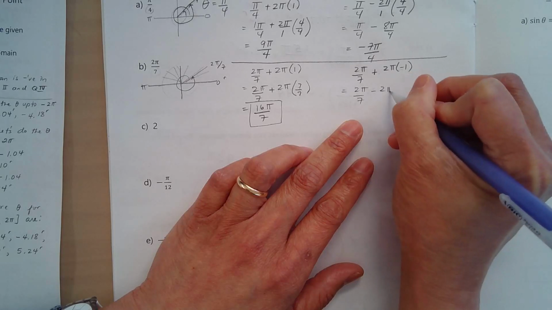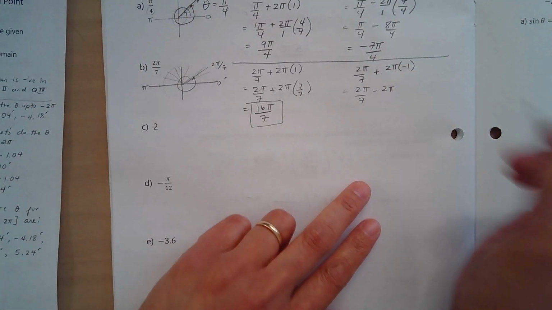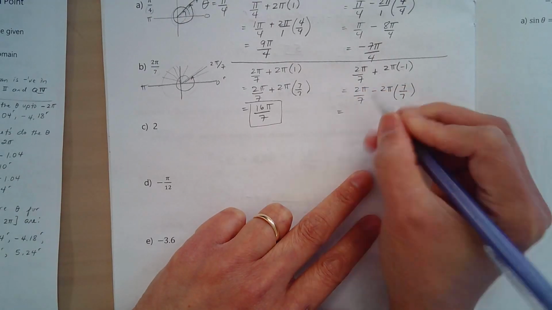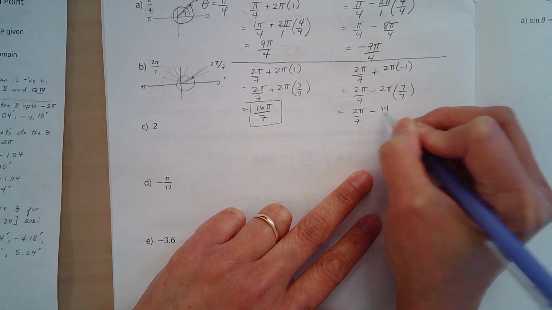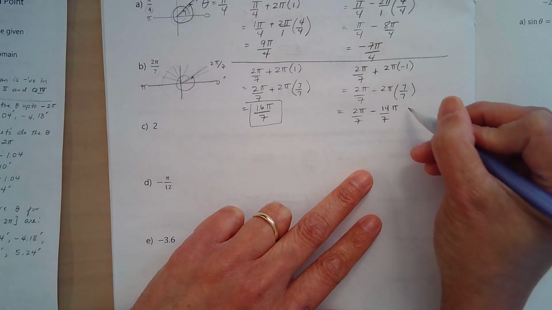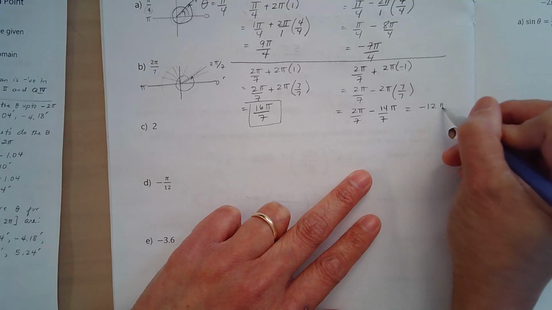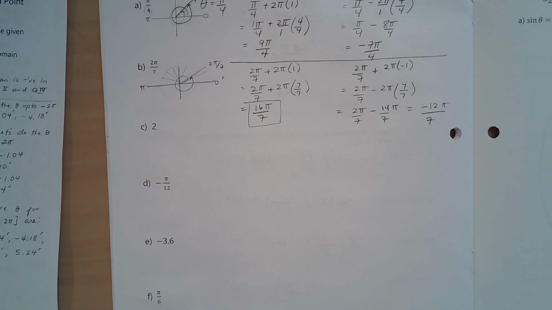Negative 2 pi, times 7 sevenths to have the same denominator. So 2 pi over 7 minus 14 sevenths pi. It's going to give us negative 12 pi over 7. Okay, good.